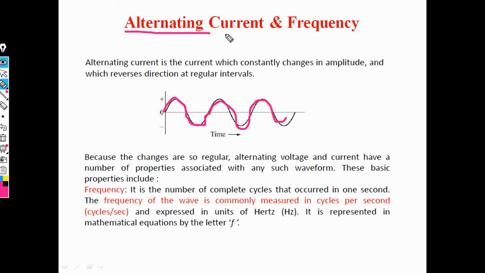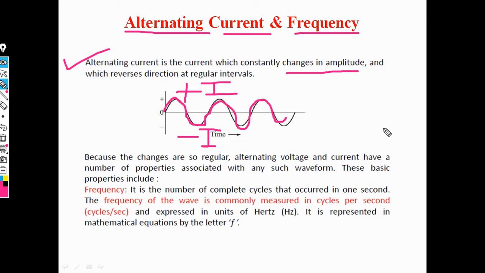Alternating current constantly changes its amplitude: the positive amplitude is plus I, and the negative is minus I. That means alternating current is the current which constantly changes its amplitude in reverse direction. This is the concept of alternating current.